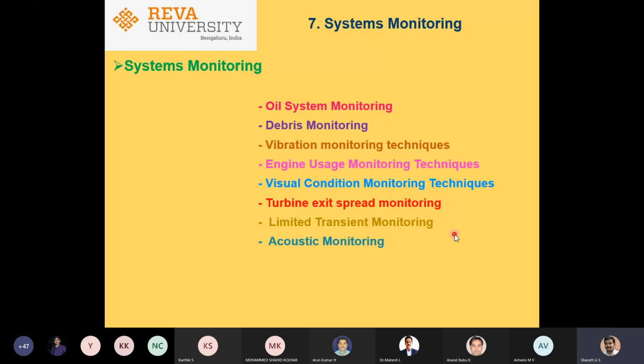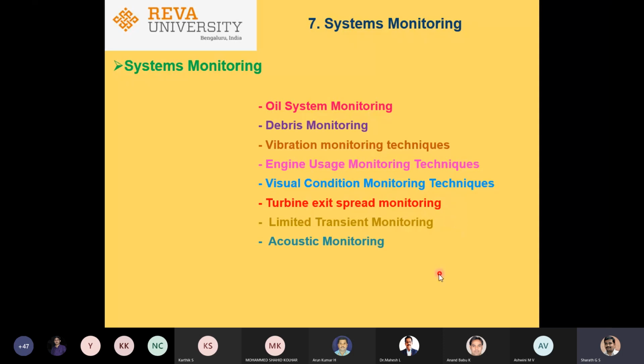It doesn't have any load, but the HPT takes less time, as it is connected to the accessory gearbox, which in turn drives a lot of accessories. That can also be identified when there is any abnormality in the rundown times.